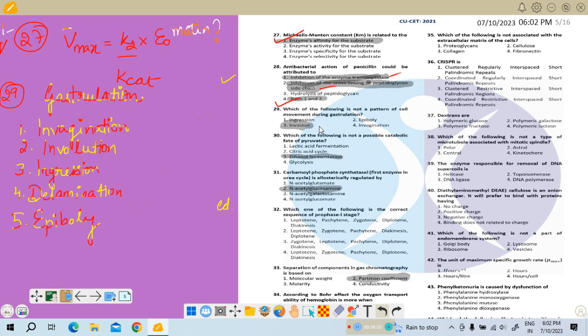So ingression is the third step, epiboly is the fifth step, invasion is not there, invagination is the first step, so invasion is not there.